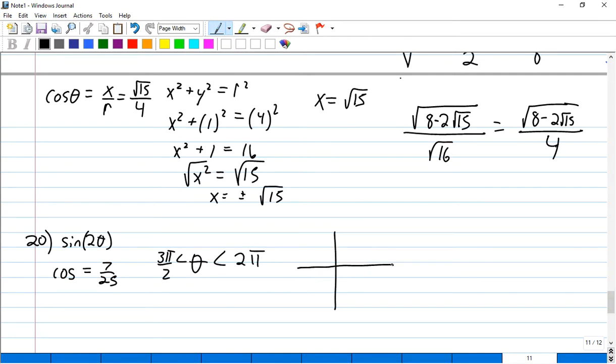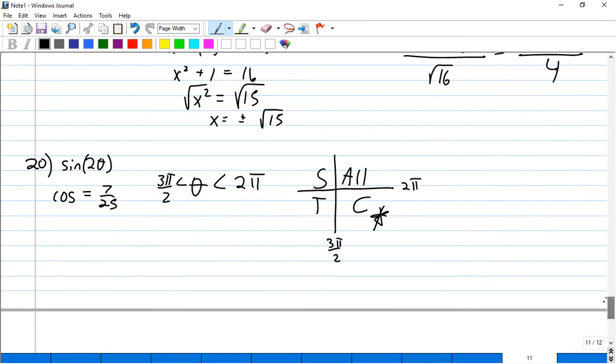So that tells us that theta is in which quadrant? The fourth, that's right. Because here's 3 pi over 2, and if you keep going around, that's 0 or 2 pi. Now, what's the formula for the sine of 2 theta? It's 2 times the sine of theta times the cosine of theta. That's the formula for the sine of 2 theta.